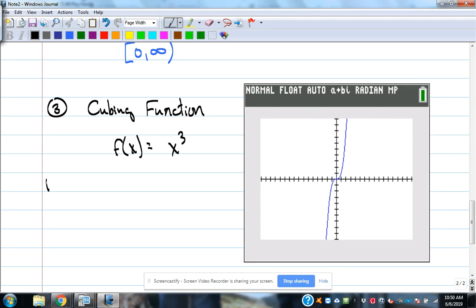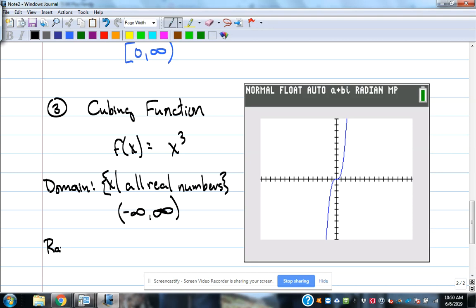So the domain of the cubing function is all real numbers. Again, that's pretty common here for the basic functions. Again, that's from negative infinity to positive infinity.